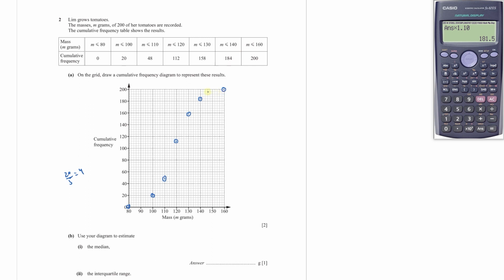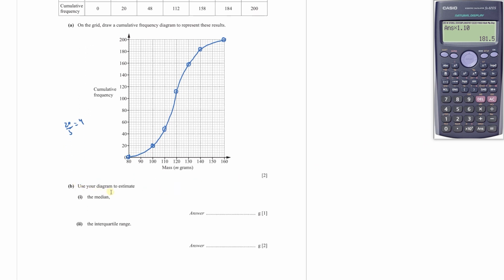So now let's try to draw a smooth curve for these points. So this will be your cumulative frequency curve.